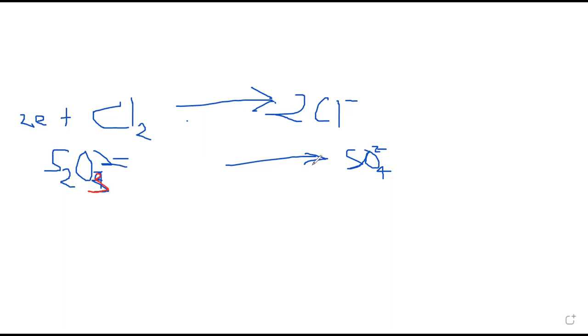Now, to balance this equation, I need to look at both the reactant side and the product side and see how many oxygen atoms are on the reactant side. Three. And how many now on the product side? 4. So I must try to balance this reaction in terms of oxygen atoms. That's how water comes in. You get me now? Yes, sir.